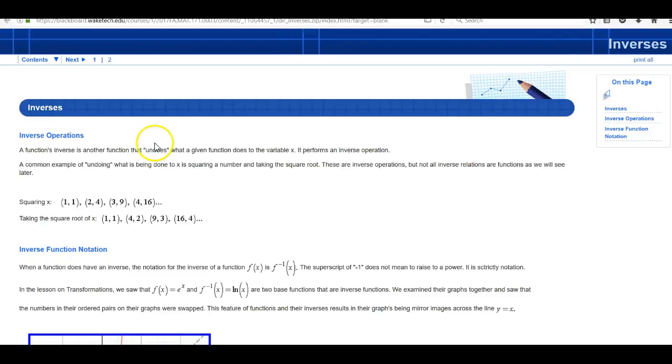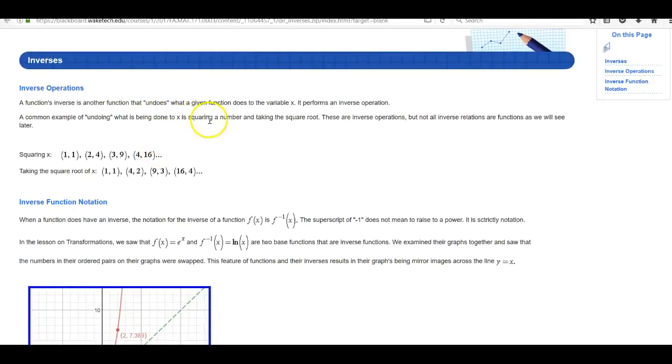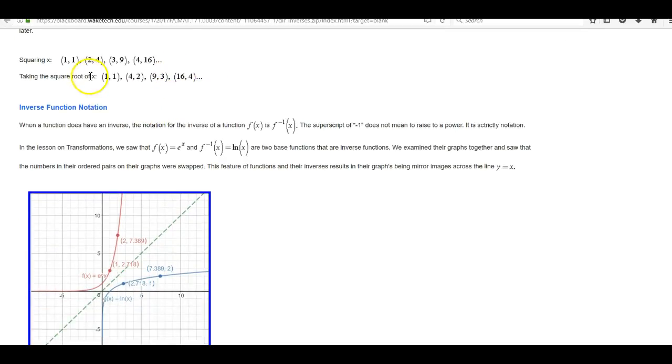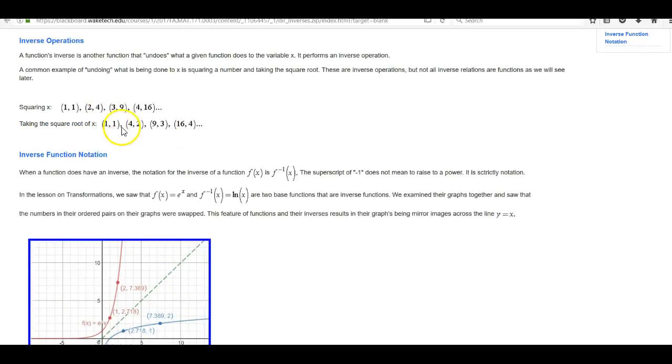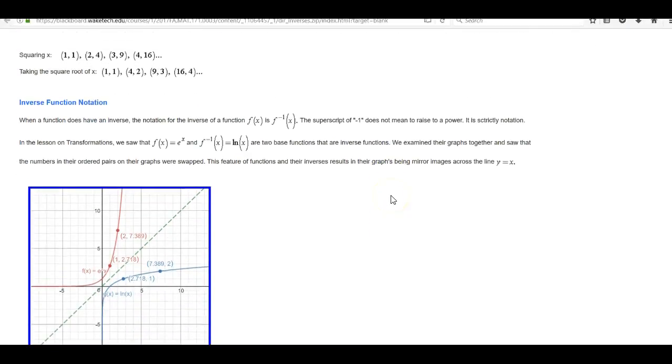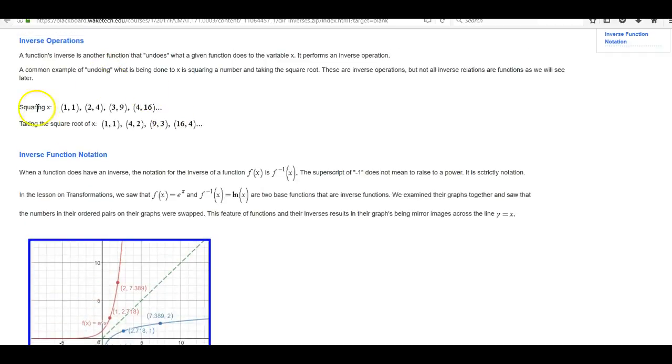If we go to the interactive lesson, it's telling us that an inverse function reverses the ordered pairs from an original function. So if this is my original function, x squared, the square root of x is the inverse function. Notice that the x and y values of the corresponding points are reversed. So that's looking at the ordered pairs.